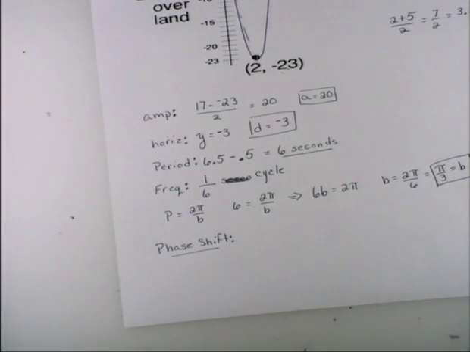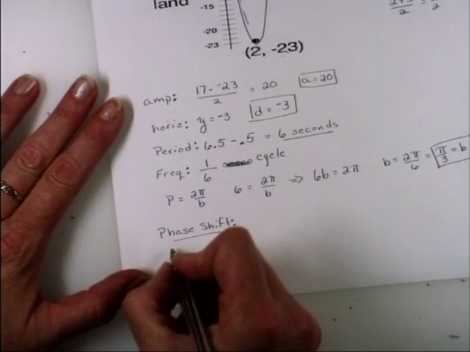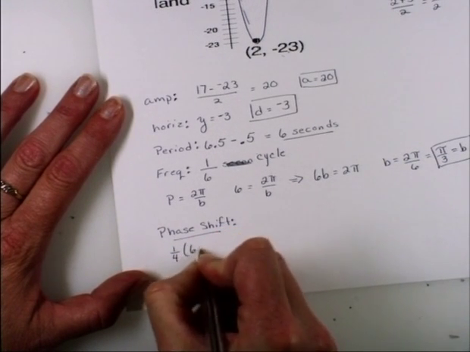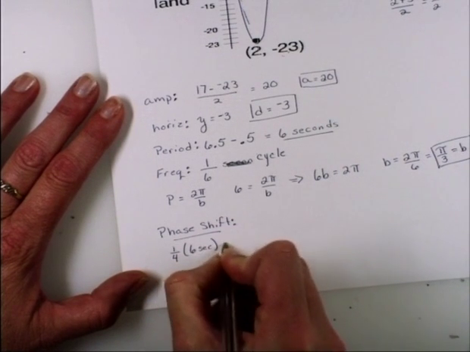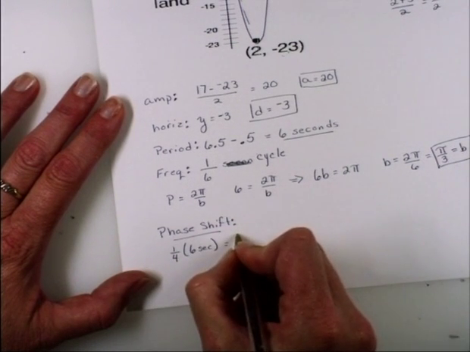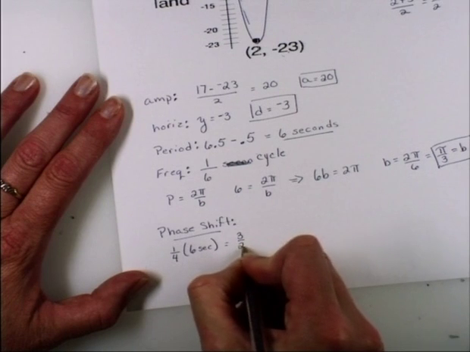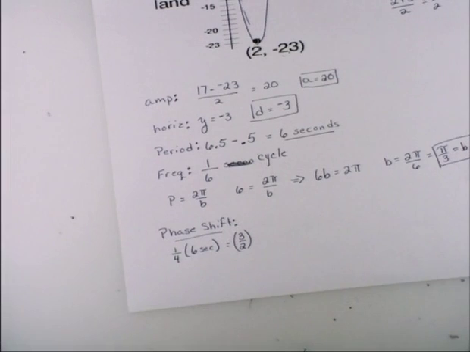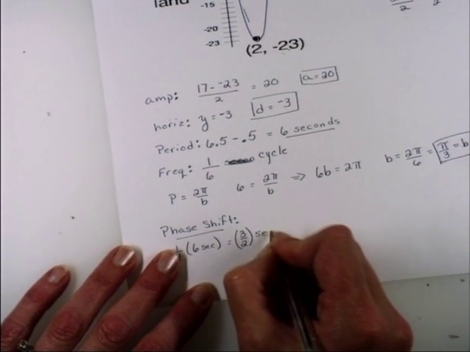All right, for my phase shift, what I want to do is figure out in a cycle of 6 seconds, where does the maximum normally occur? Well, it's always 1/4 of the way through, so I'm going to take 1/4 times my 6 seconds. Okay, that's going to give me 3/2, or 1.5 seconds is normally where my maximum occurs.